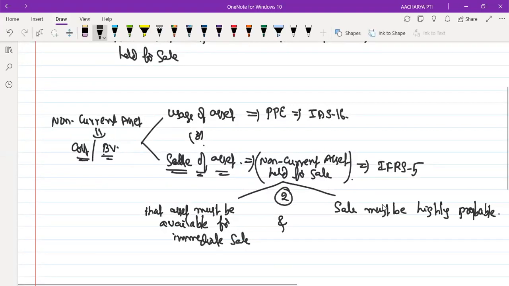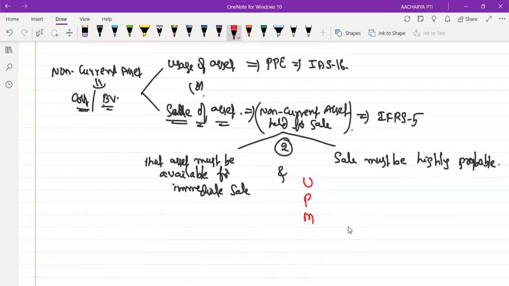We say the sale is highly probable if it satisfies the following conditions. The first one is that it is unlikely that the plan will be changed.